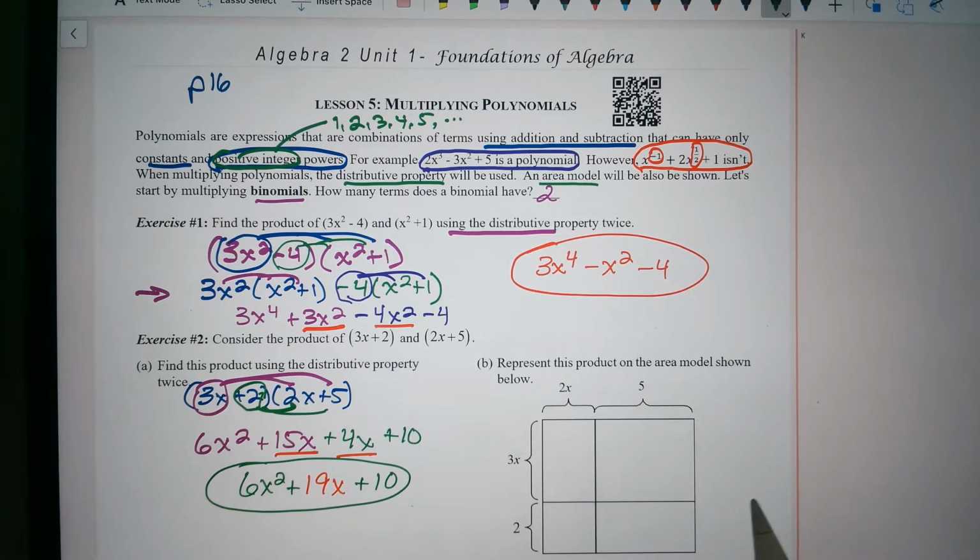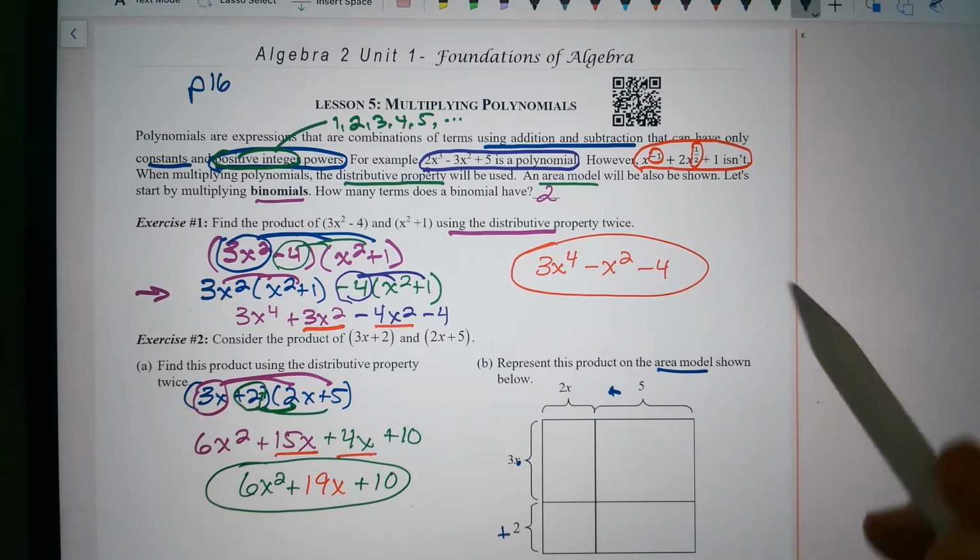the distributive property. Part B is we're going to look at what's called an area model, where we have 2 binomials. So you would make a 2 by 2 square. On the left-hand heading, you would have the binomial 3x plus 2, and the top heading is our 2x plus 5.